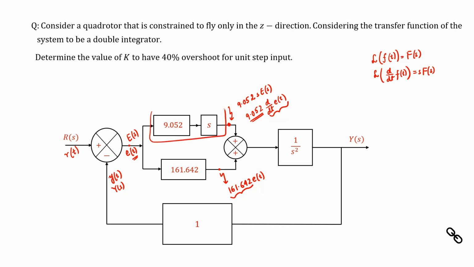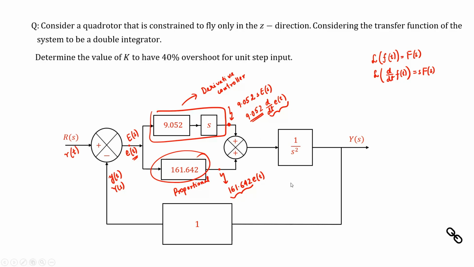Hence, this part of the controller is called a derivative controller, because the output of this controller is proportional to the rate of change of the error, and this part of the controller is called a proportional controller because the output at this part is proportional to the error signal. So, as a whole, this entire setup becomes a proportional derivative controller or a PD controller. So, the controller that we had designed for the quadrotor example was a PD controller.